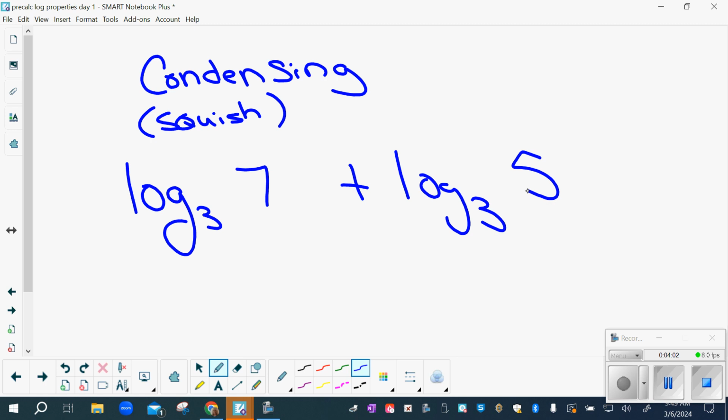I want to squish it all down. The first thing is, they have to have the same base. If they don't have the same base, we can't do it. So we rewrite it using the word log just one time. We squish it together, and 5 times 7 is going to be 35. We add when we expand them, and when we squish back together, we multiply.